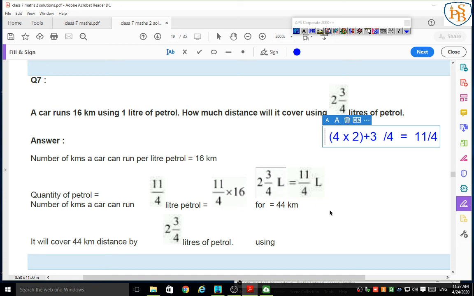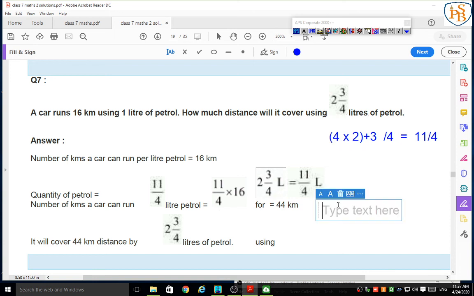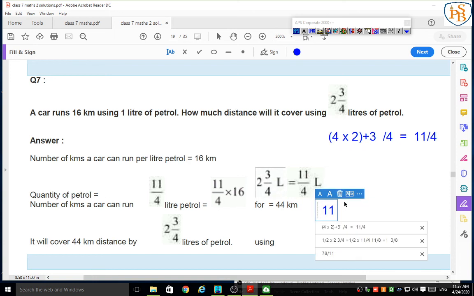So how do we get the answer? Look here carefully. 11 into 16 upon 4. Okay, now I can directly divide this 16 by 4.